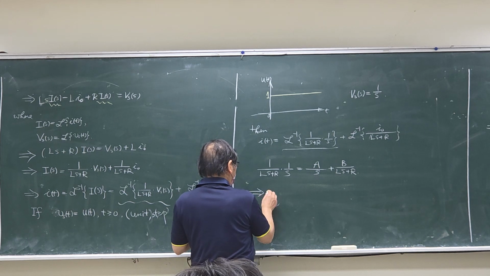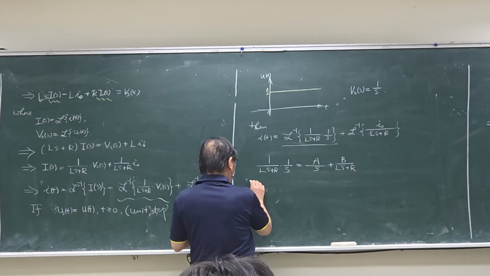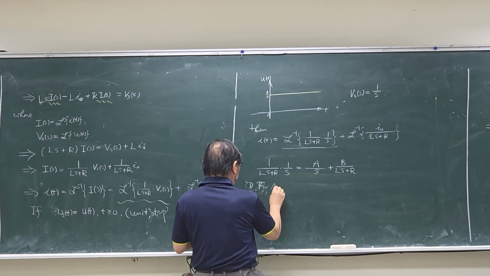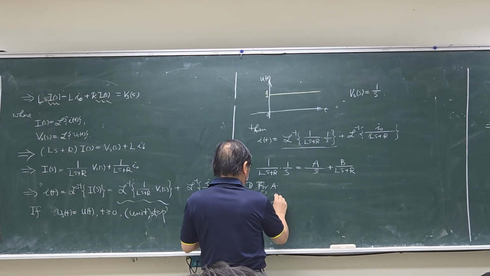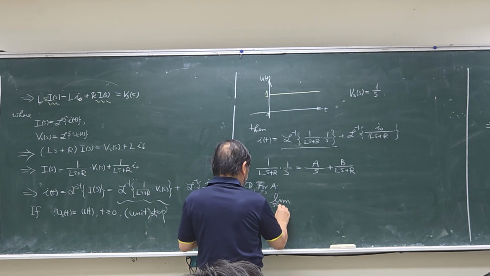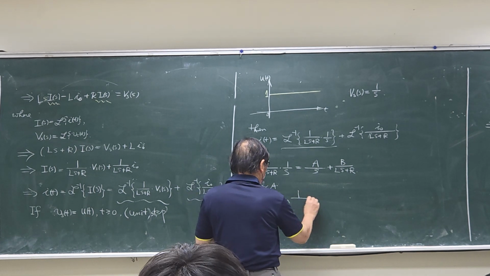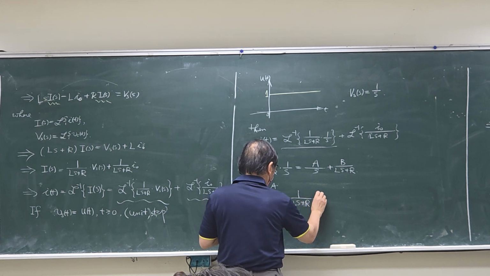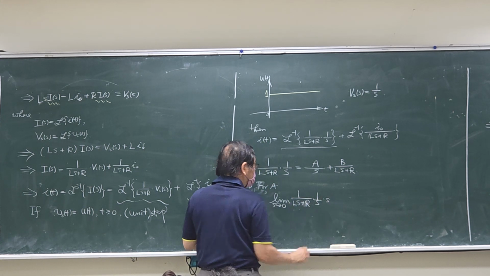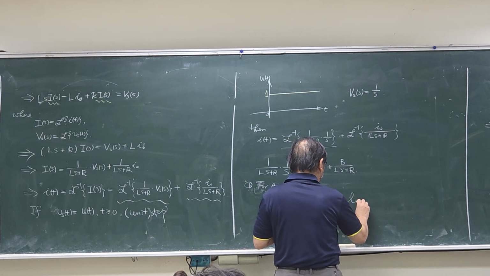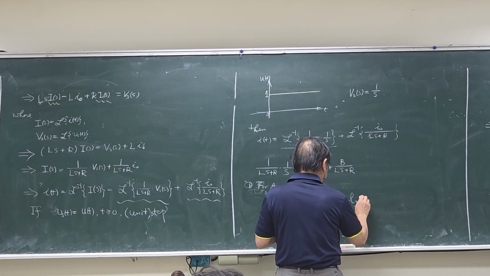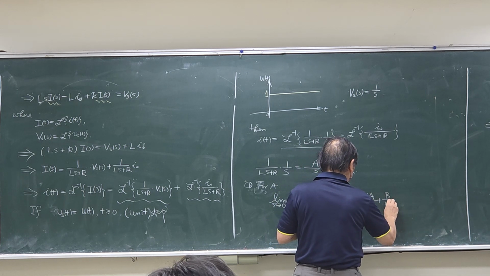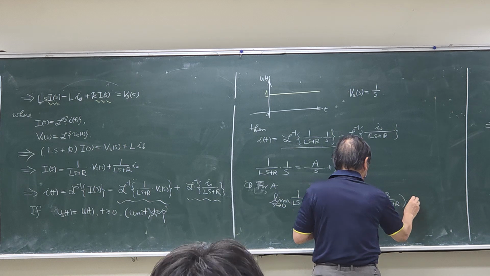To determine A, we take the limit as s approaches 0 of (s plus R) times s times the expression. That's equal to the limit as s approaches 0 of A over s plus B over (s plus R), times s.